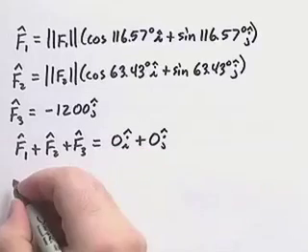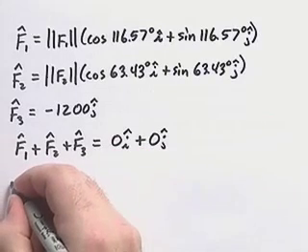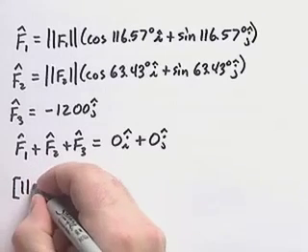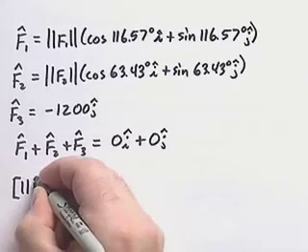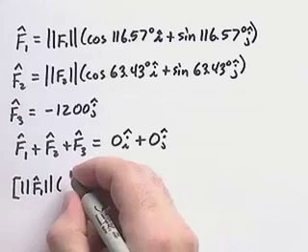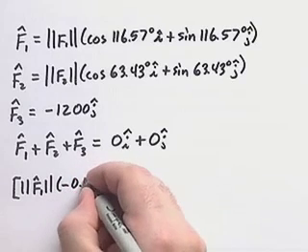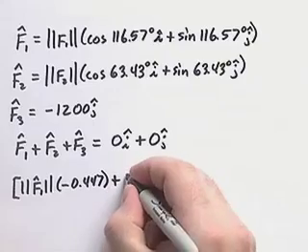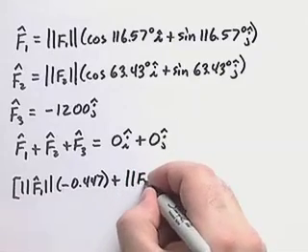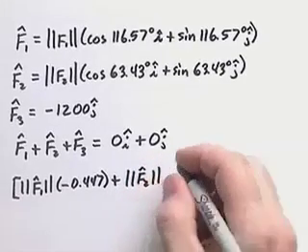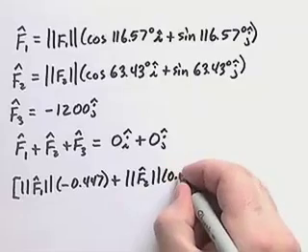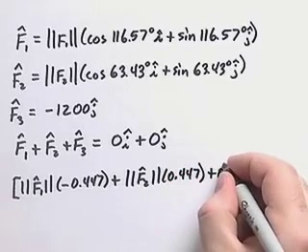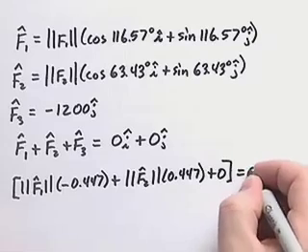This means that we'll get the magnitude of force 1 times negative 0.447, plus the magnitude of force 2 times 0.447, plus 0 must equal 0.